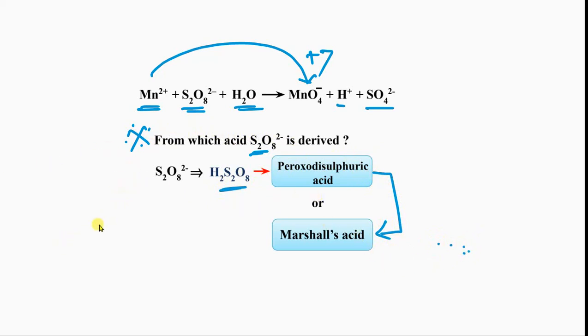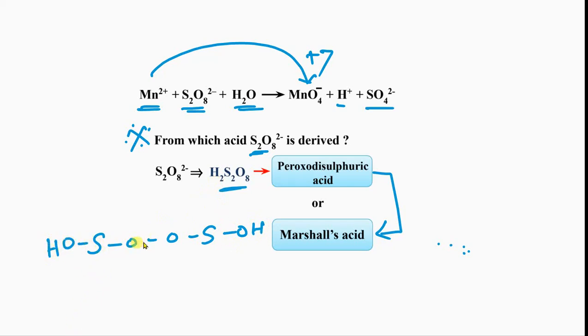In some question papers, it asks for the structure too, for Marshall's acid or peroxydisulfuric acid. So it will be H2S2O8. Right, you have to understand a simple thing. There will be two oxygens between the two sulfurs, and the OH are attached to the sulfur atoms.